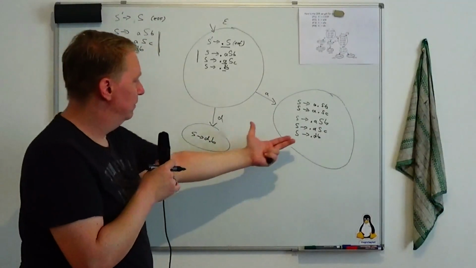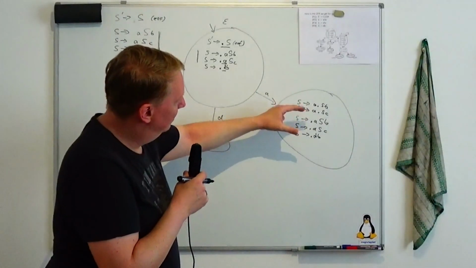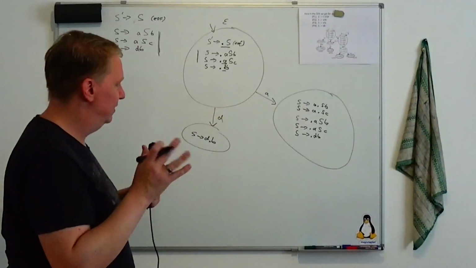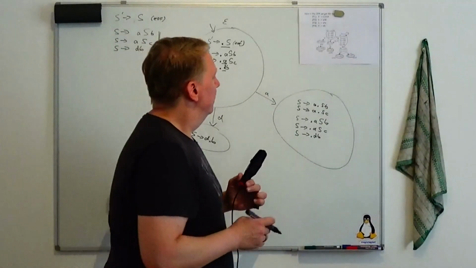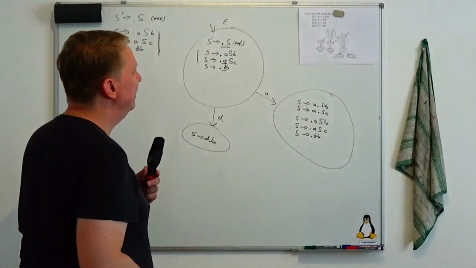If we get a D, then we would have something like A, D, B, C, for example, right? But okay. Good. This is the whole state for that case.